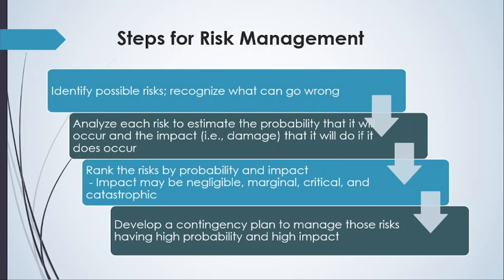Which one will we try to solve first? Instead of solving the negligible one, we will focus more on the catastrophic one. And as we know, if anything may happen due to a risk, then we have to have a contingency plan. These are all the steps of risk management.